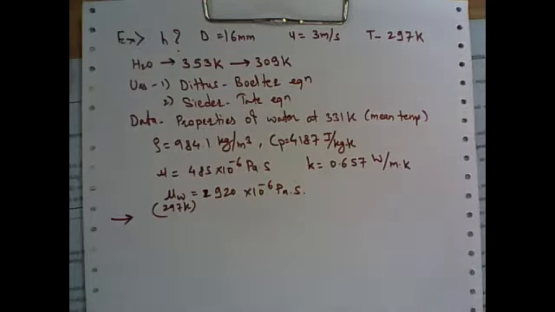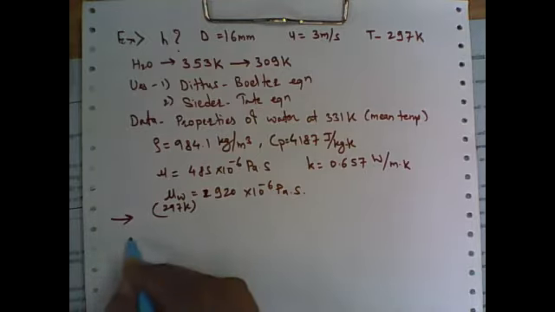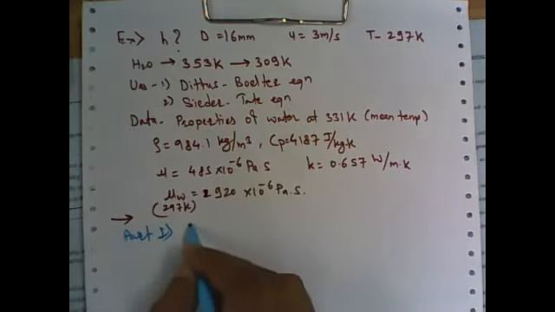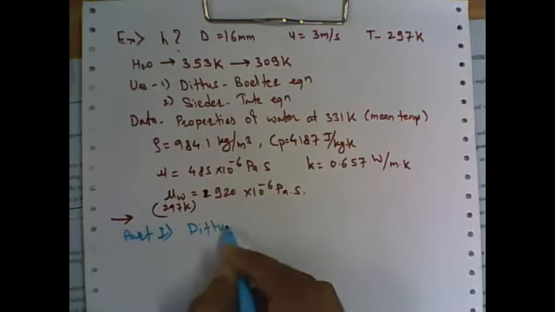So we have to find out small h, that is our main focus. So how to find out this h? First we must know the Dittus-Boelter equation for part 1, because they have asked to use the Dittus-Boelter equation.